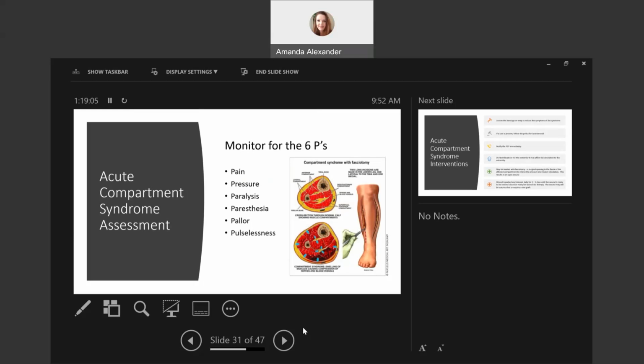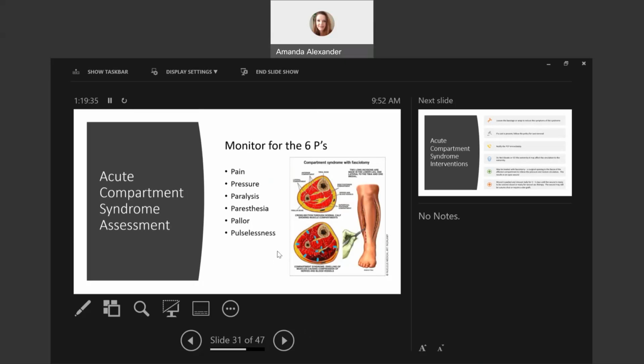This is bad. Paresthesia is that numbness and tingling that the patient may feel due to the lack of blood flow. Pallor to the site is going to be that cool, white, or pale looking skin. And then, of course, pulselessness is due to the blood vessels being compressed and no blood flow getting to the distal injury.